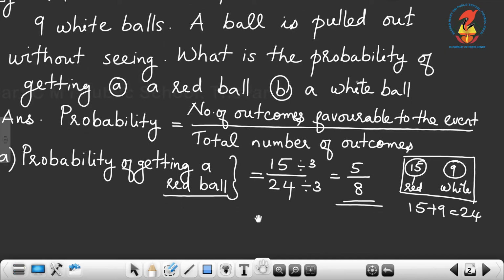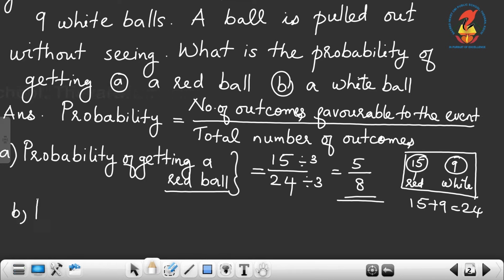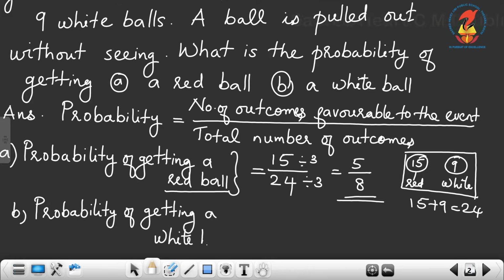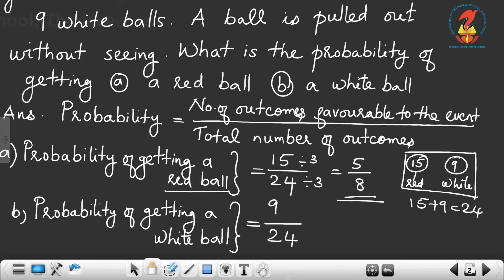Now the second part. What is the probability of getting a white ball? Probability of getting a white ball is equal to the number of outcomes favorable to the event, that means how many white balls are there, 9 white balls, divided by total number of outcomes, meaning total number of balls, 15 plus 9 equal to 24. 9 by 24.